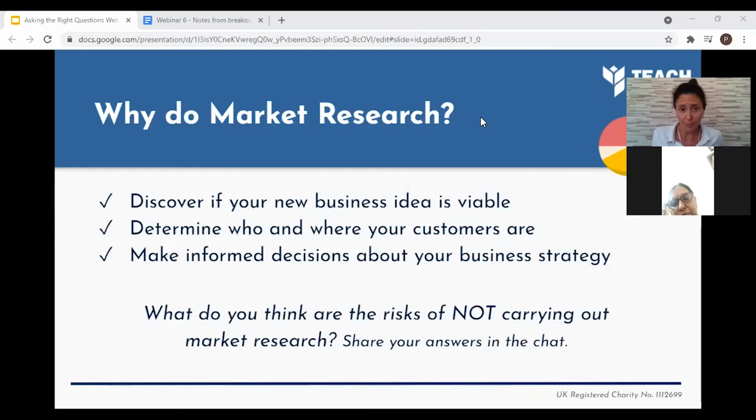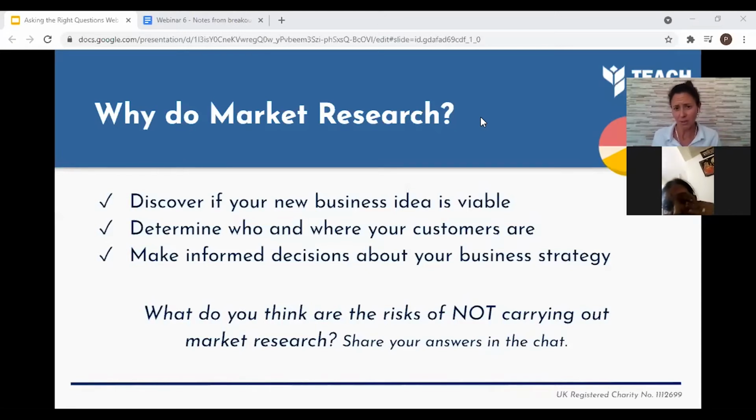Florinda says we can't achieve our goal. Exactly. So to sum up, market research is all about gathering facts so that you can make good business decisions. If you don't carry out good market research, then your business strategy will be based on guesswork and assumptions. And that's a recipe for disaster.